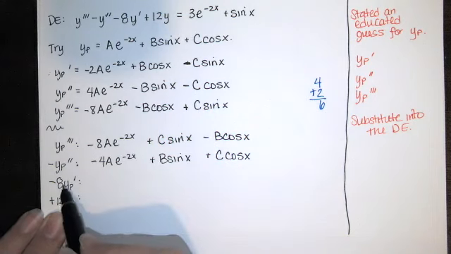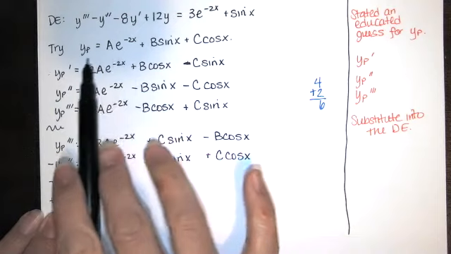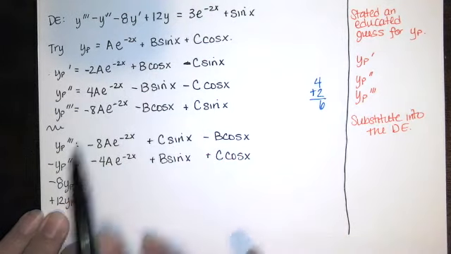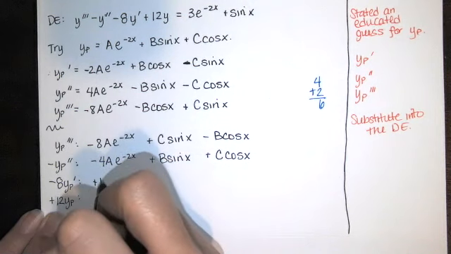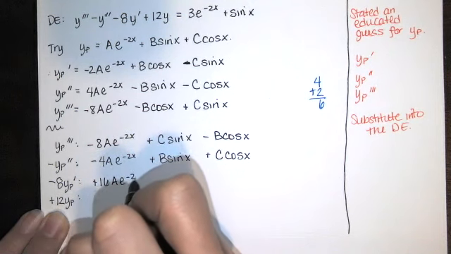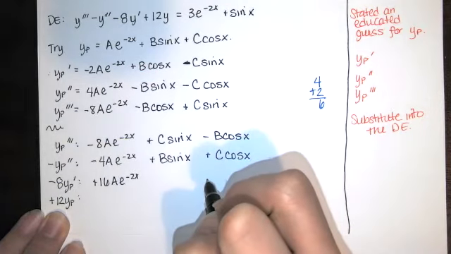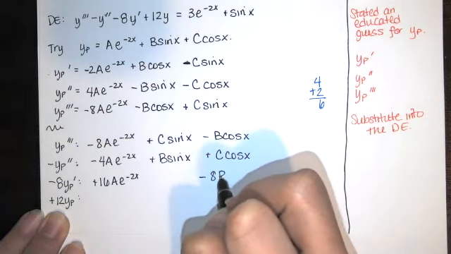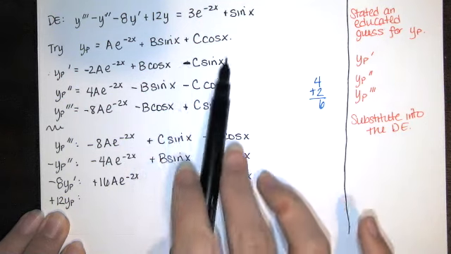Okay, and then I want -8 times y sub p prime. So -8 times this. -8 times -2a is positive 16a times the exponential. -8 times this is going to give me a -8 times b times cosine of x. And then we have -8 times this.